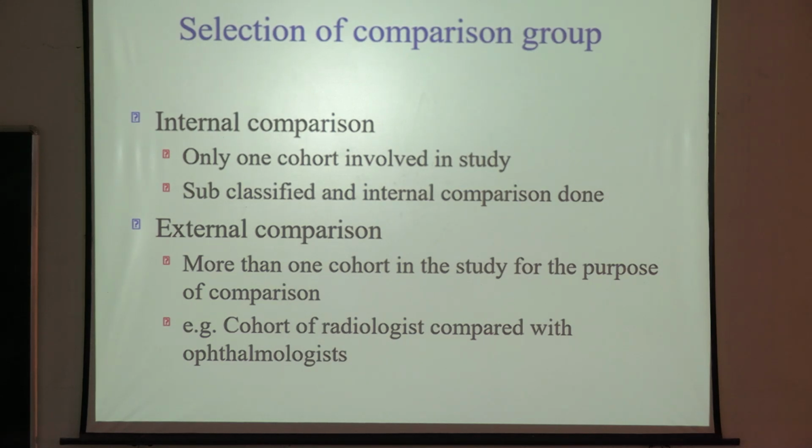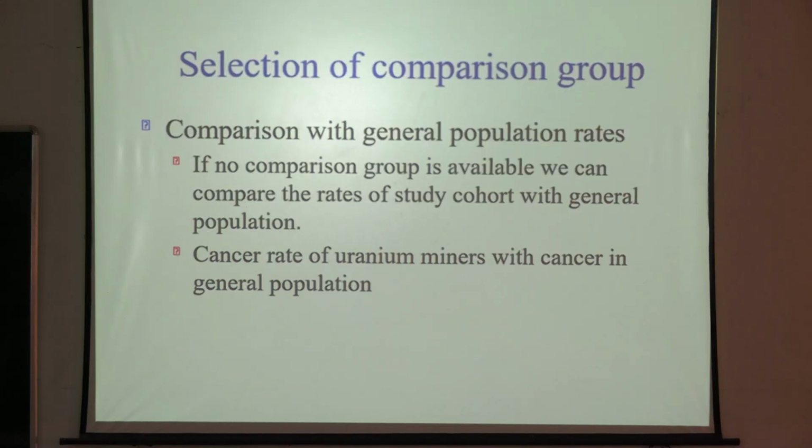So you are comparing, say, cancer among doctors, taking one group of radiologists and one group of ophthalmologists. If a comparison group is not available, you can compare with the general population, like the cancer rate of uranium miners with cancer in the general population. You're looking at cancer among the miners with cancer among the general population.